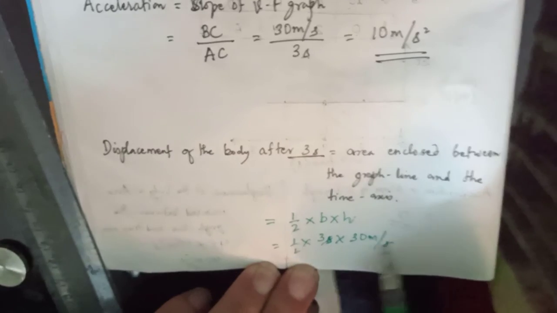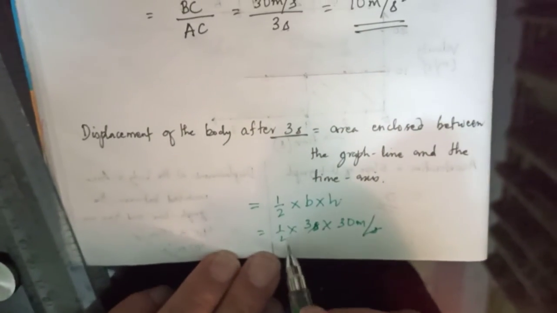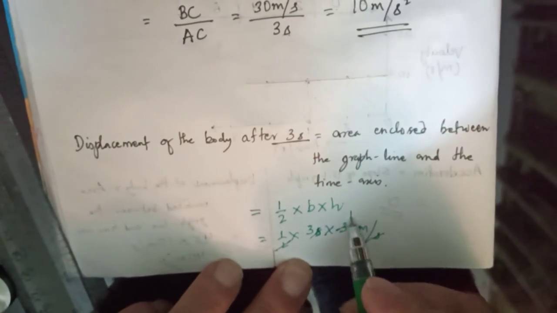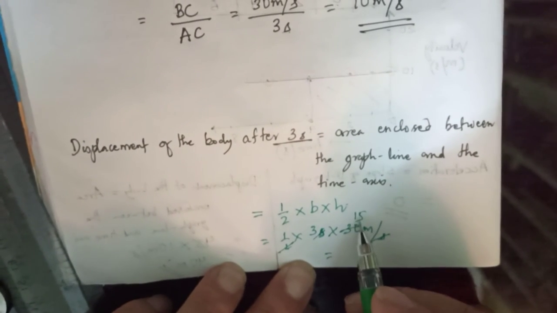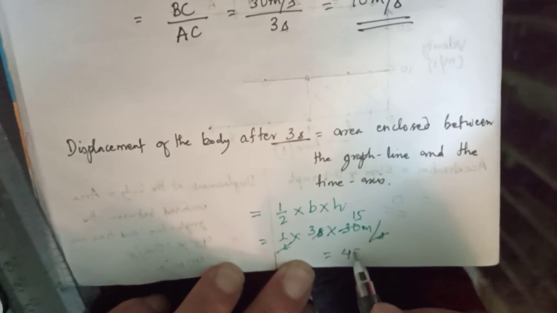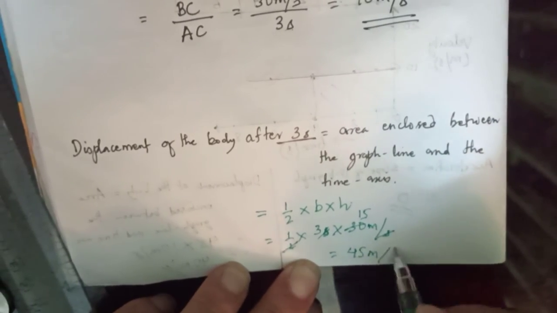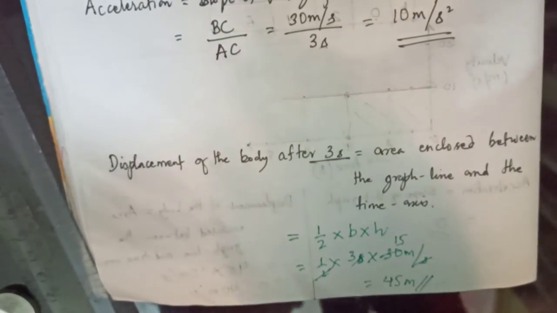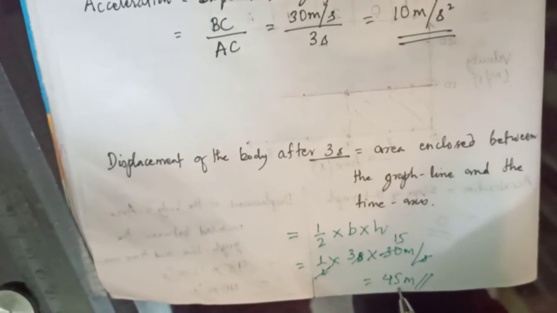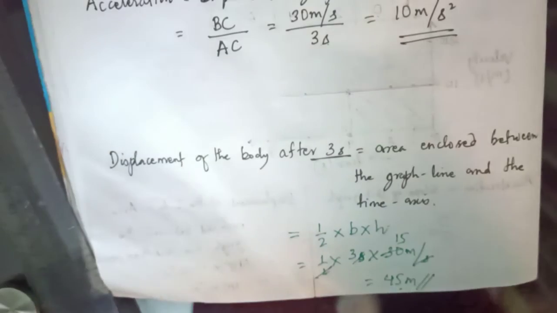Second and second get cancelled. 2 and this 30 also get cancelled, so 2 15s are 30. Ultimately you get 15 into 3, which equals 45 meter. That means the displacement of the body after 3 seconds in this case is 45 meter.